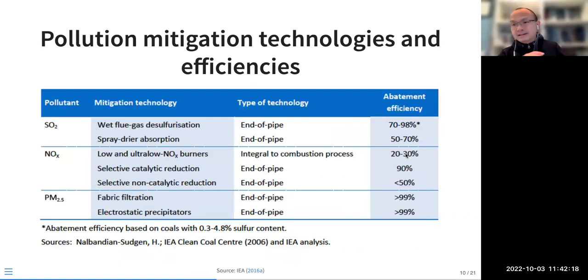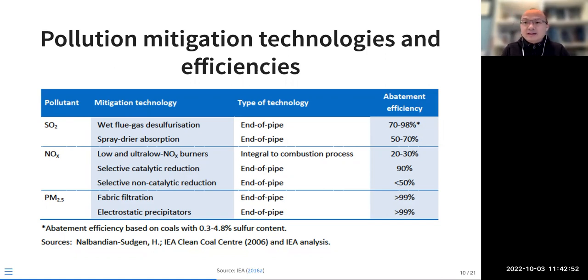So that said, you have reduced it from the sources, so you have more efficient combustion and fewer pollutants, and then post-combustion, the pipe end or stack, chimney end treatment. The different technologies can provide efficiency here, as you can see for particulate matter. It can achieve 99% reduction.